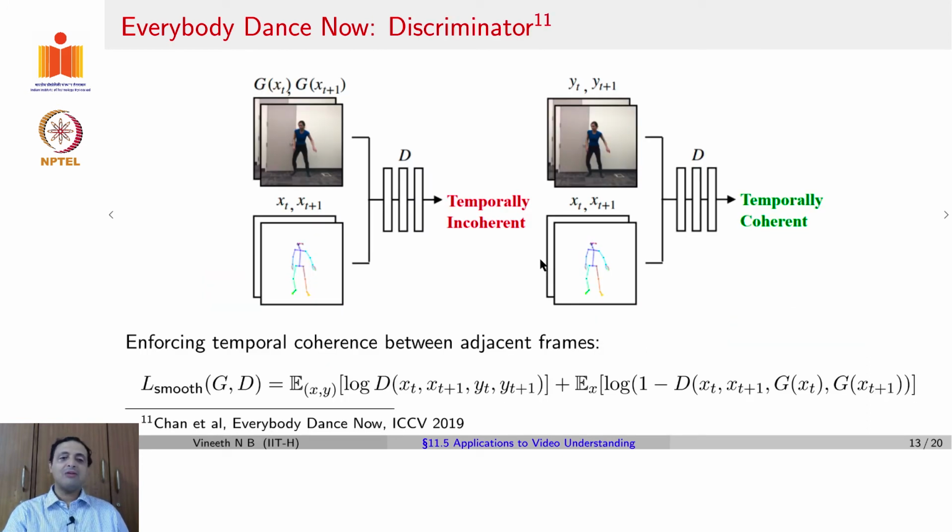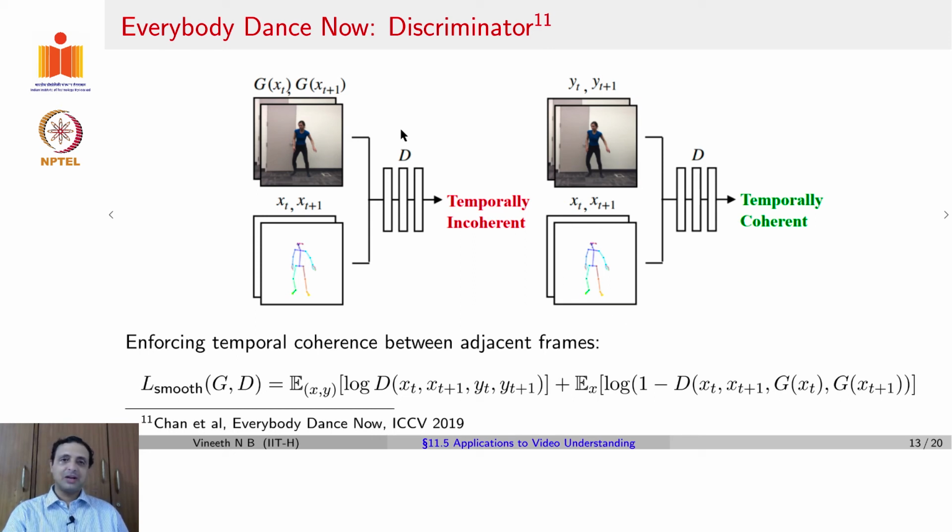So once we have this generated information, so you have G(XT) and G(XT plus 1), XT and XT plus 1 are the poses in two successive frames. G(XT) and G(XT plus 1) are the generations corresponding to those poses. And YT and YT plus 1 are the actual ground truths for that person's pose corresponding to the skeleton XT plus 1.